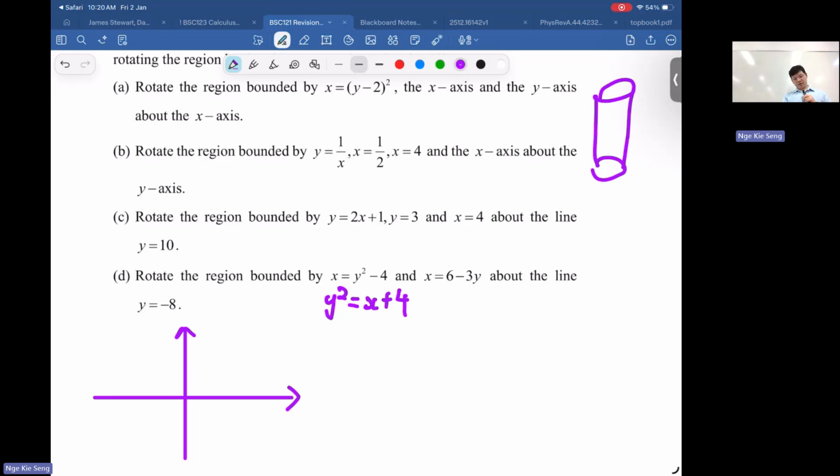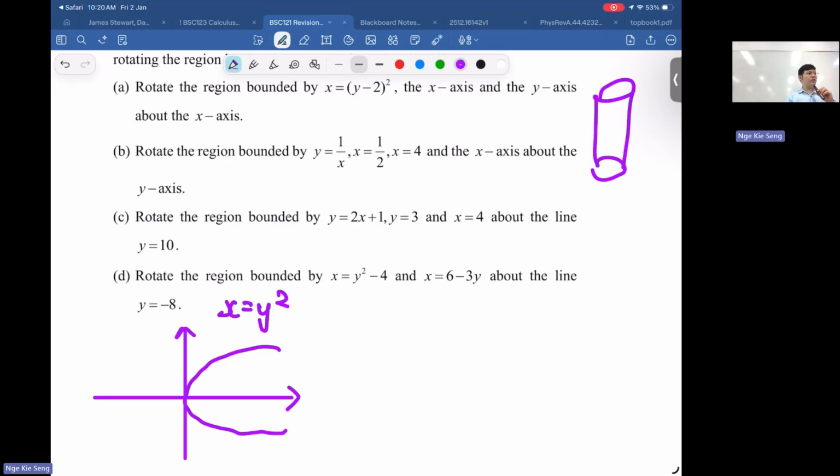Is this easy to see? y squared is always positive. The lowest point of y squared is 0, but now this point can get to minus 4.